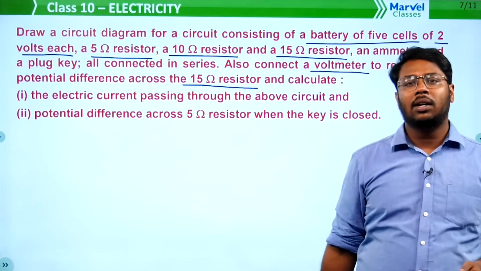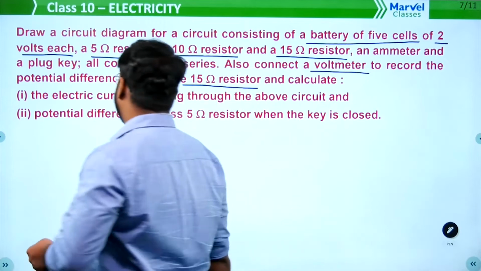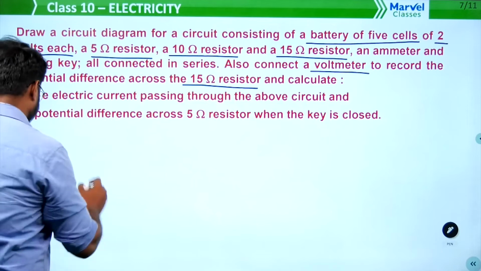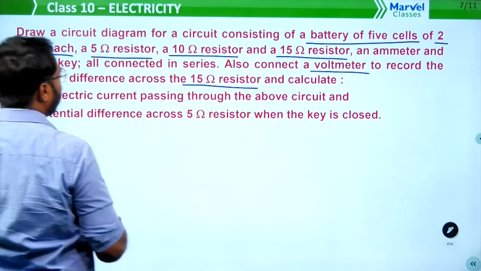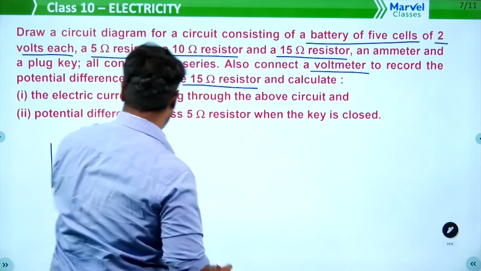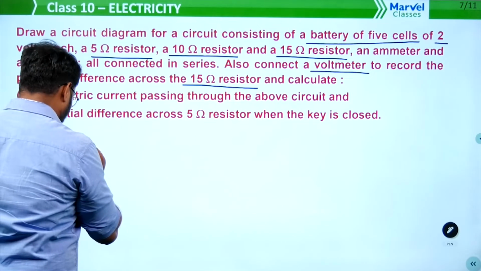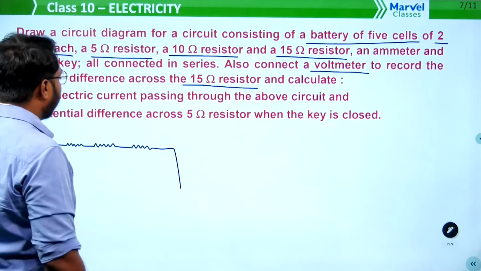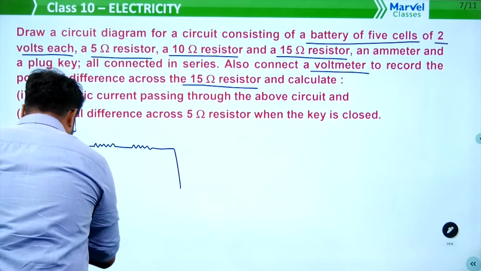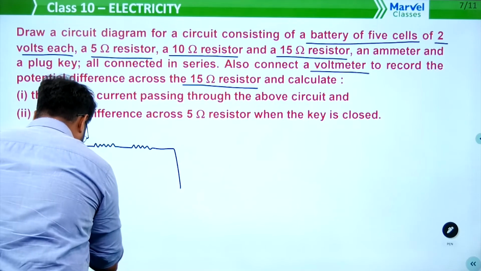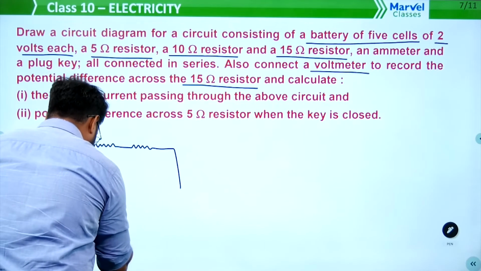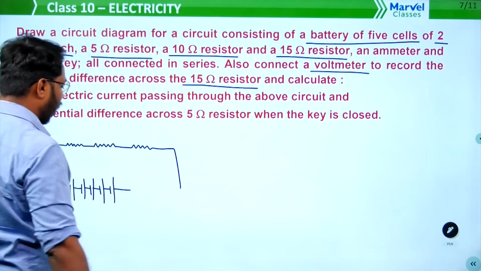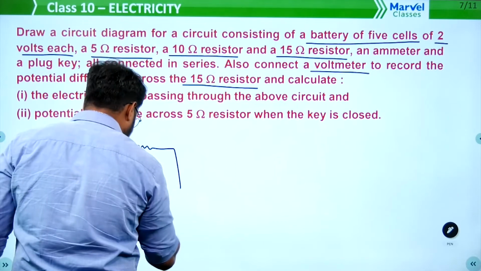It is again a very simple circuit. We have 5 cells attached to it. First let me take 1, 2 and 3 resistors. I have 5 cells connected to it: 1, 2, 3, 4, 5, and then I am going to connect an ammeter.